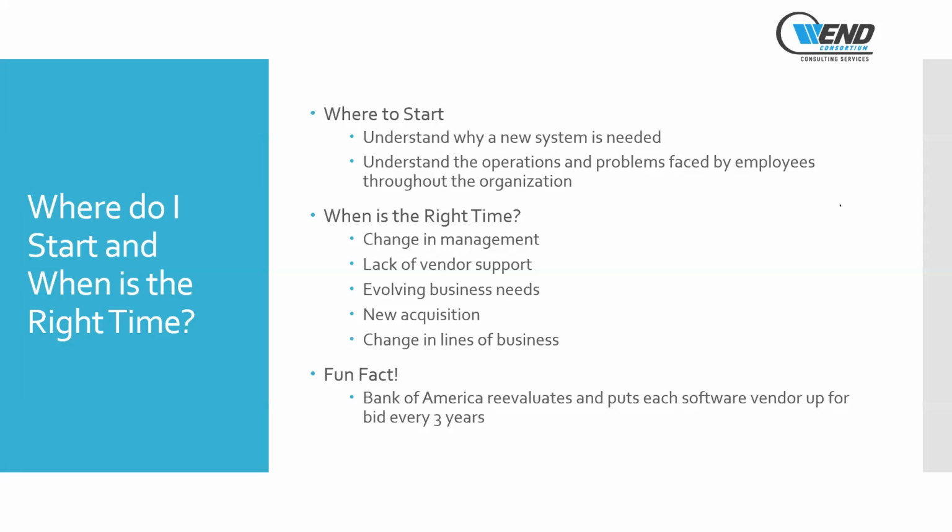Throughout this, I like to throw out there fun facts from our time and people that I've talked to, colleagues out there, but major companies like Bank of America, your Wells Fargo, your Blue Cross Blue Shields, they actually go through the technology selection process and put each of their softwares up for bid approximately every 3 years.